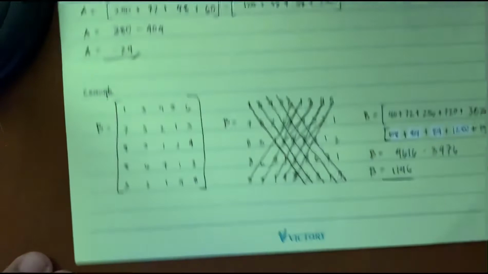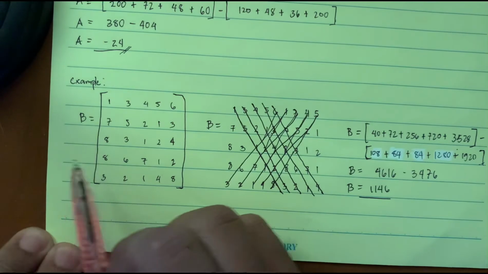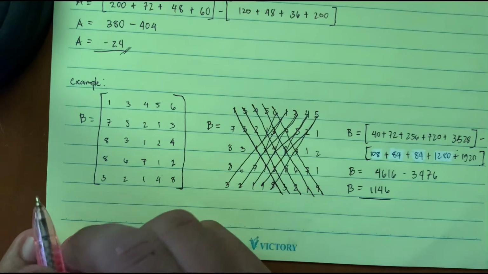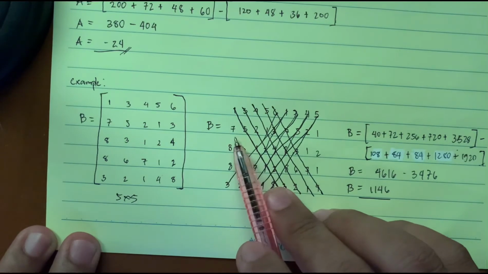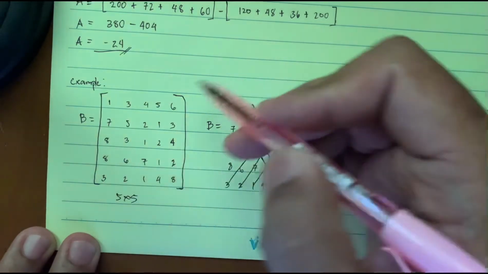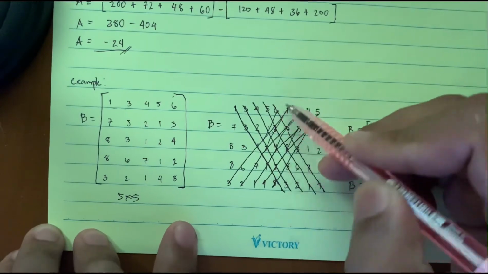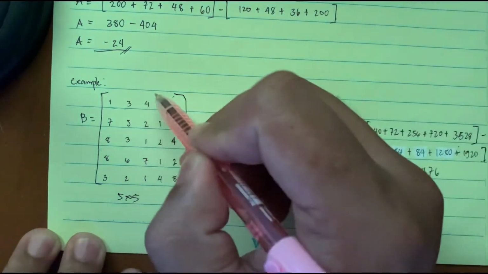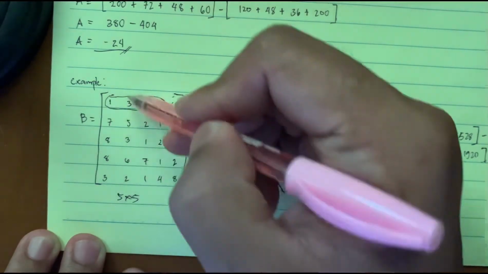Another example. B 1 3 4 5 6. This is 5 by 5 matrix. Kinuha natin yung apat na column. Ito. Pinagdag natin dito. Ito yung kinuha natin. Ito.